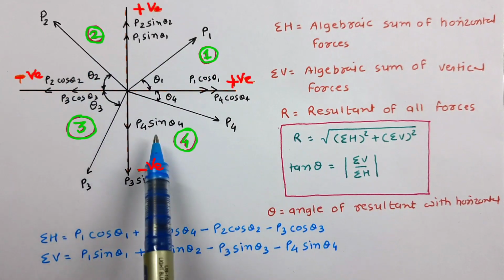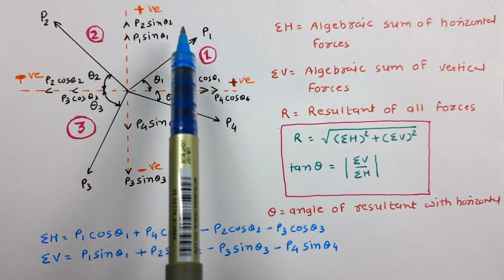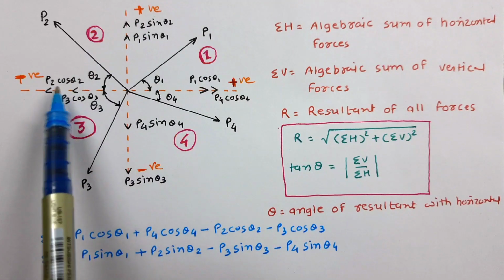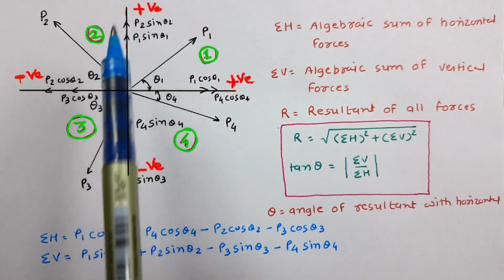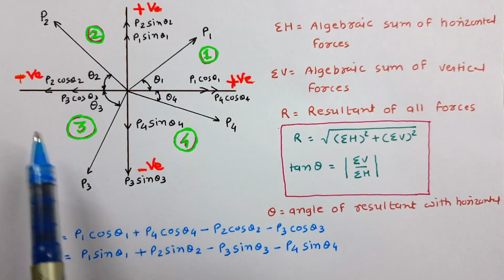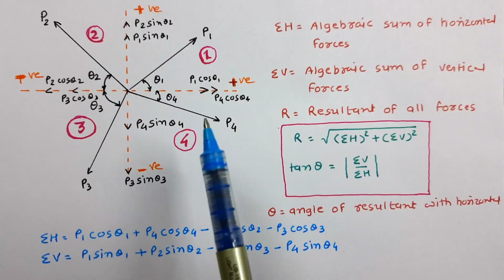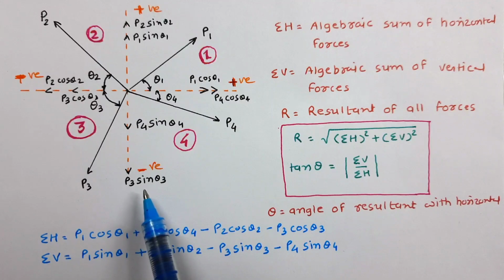These are the quadrant system. In first quadrant, both horizontal and vertical forces are positive. In second quadrant, horizontal force is negative and vertical force is positive. In the third quadrant, both horizontal and vertical forces are negative, and in the fourth quadrant, the horizontal force is positive and vertical force is negative.